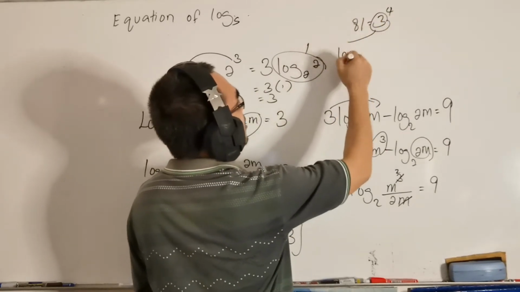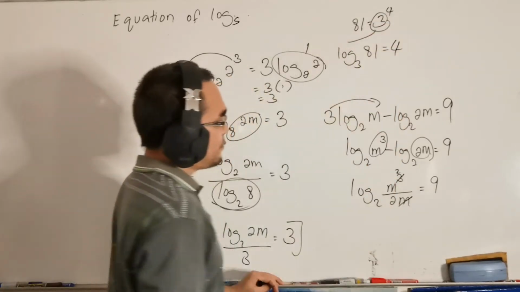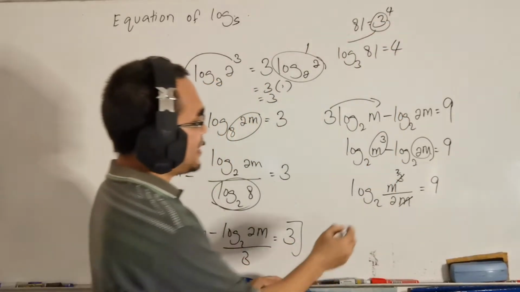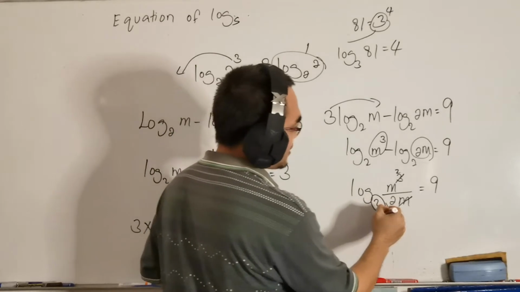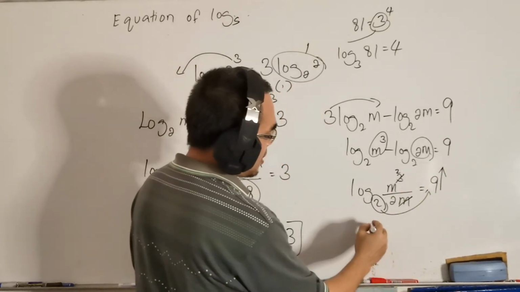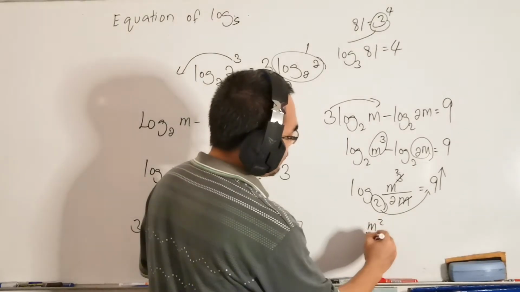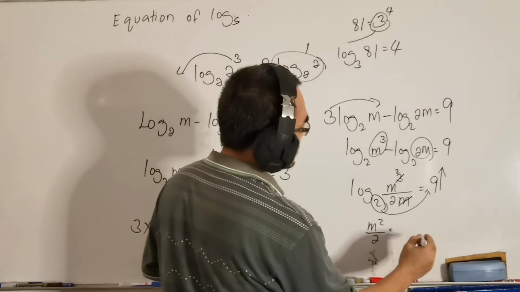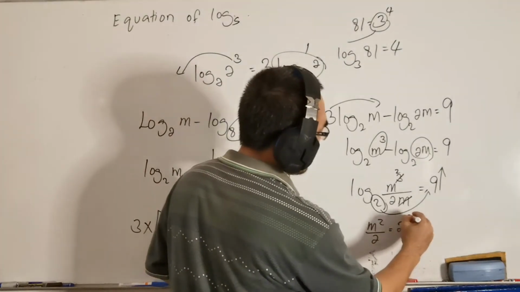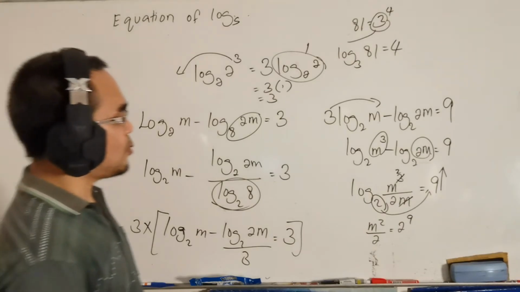So if we write log 3 81 equals 4. So similarly here, we move this 2 here and then 2 to the power of 9. So we have m squared over 2 equals 2 to the power of 9. Okay, that is one solution.